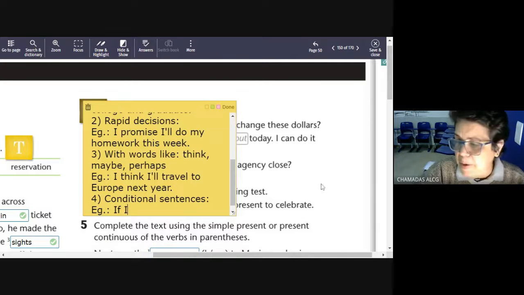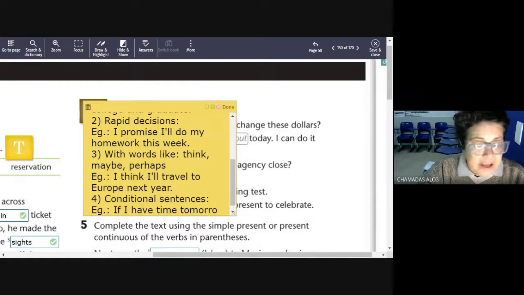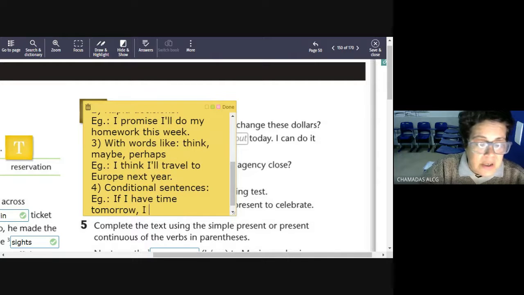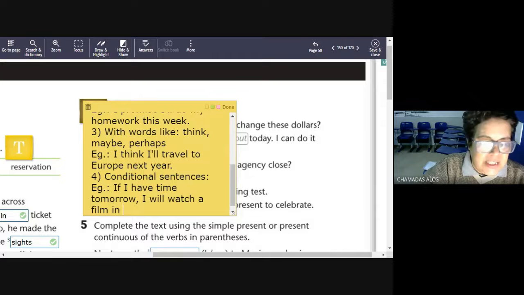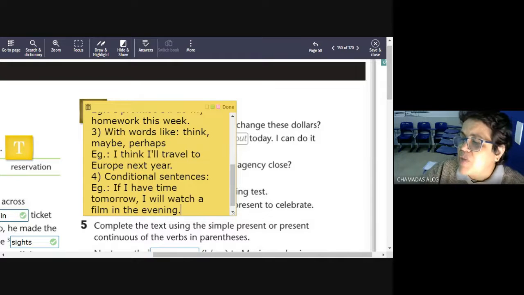If I have time tomorrow, comma, I will, or I'll, I can also contract, okay? I will watch a film in the evening. Okay, so if I have time tomorrow, I will watch a film in the evening. But it depends, only if I have time. Okay, so this is a conditional sentence.